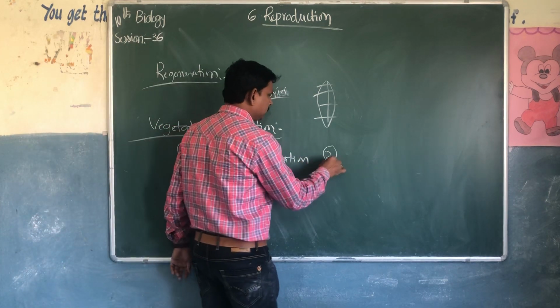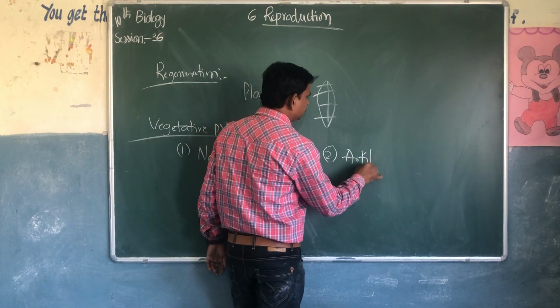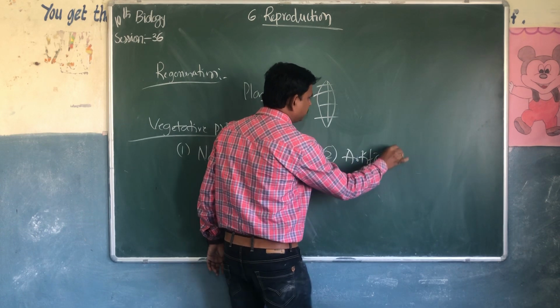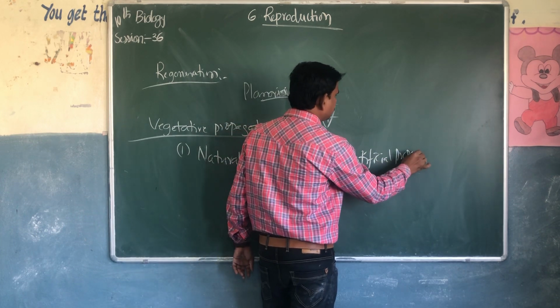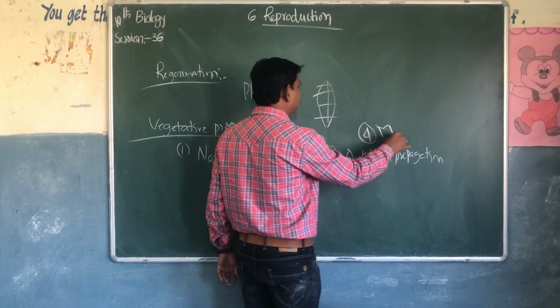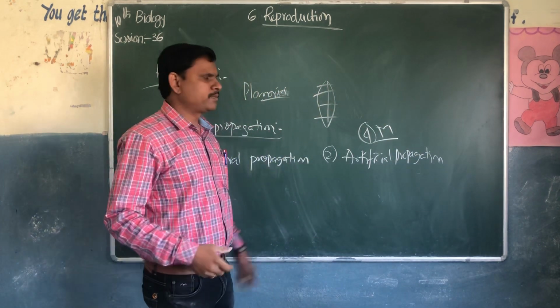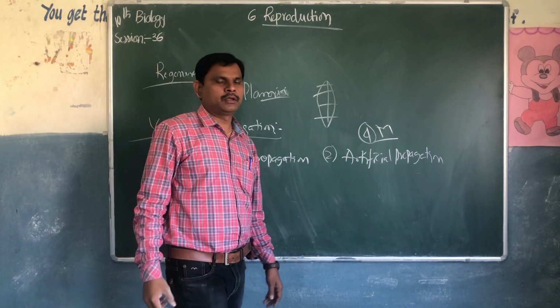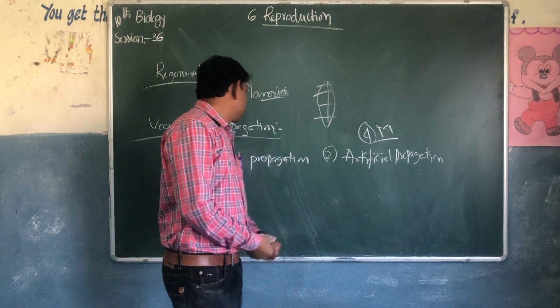Second one is artificial propagation. This artificial propagation is very, very important for 4 marks. I think 2 years back we got a 4 marks question in the final exams.